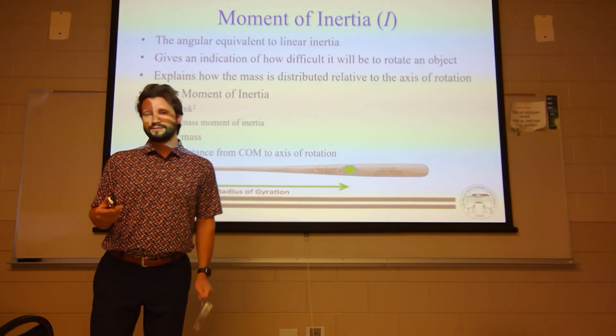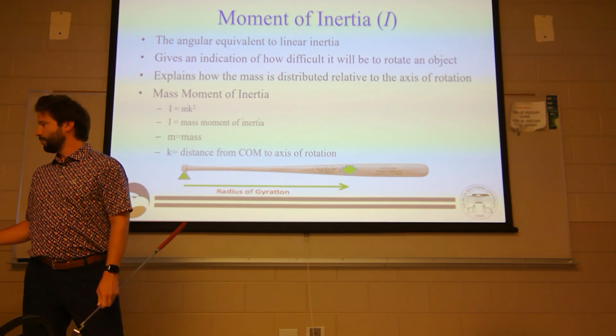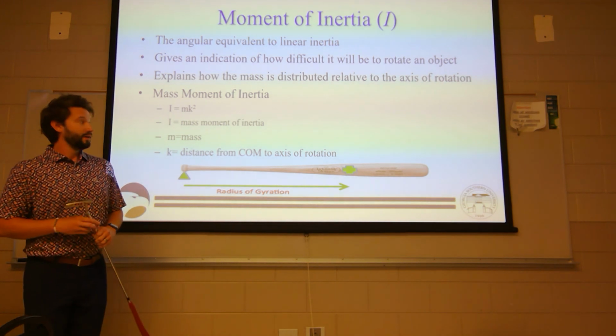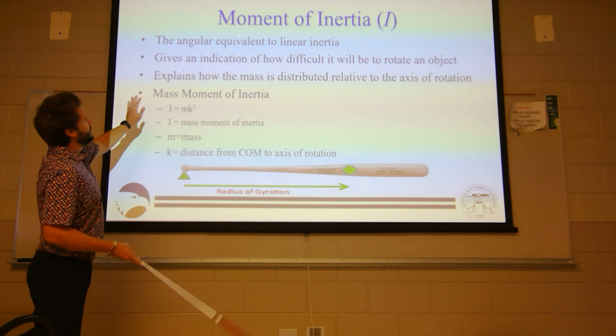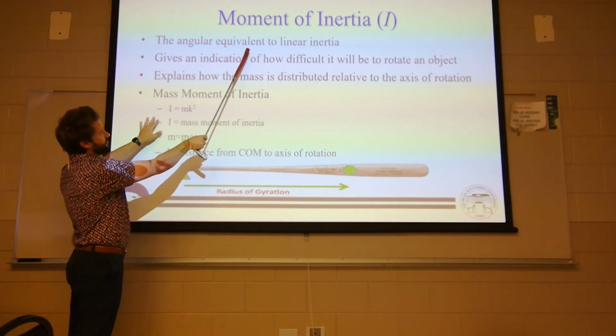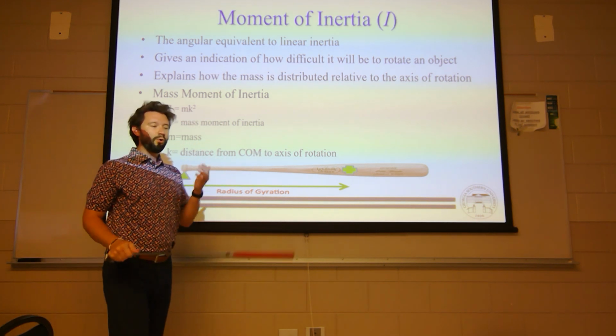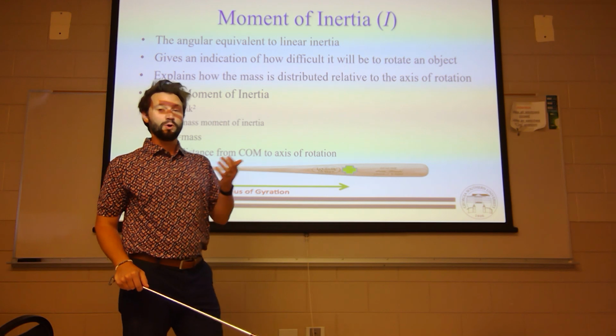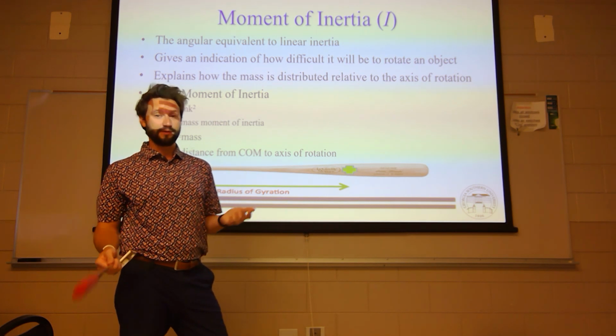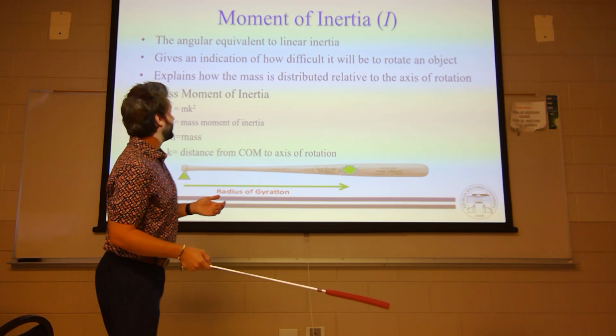Okay, so let's talk a little more on moment of inertia. So moment of inertia is the angular version of inertia, and it gives us an idea of how hard it will be to rotate an object or stop an object from rotating.